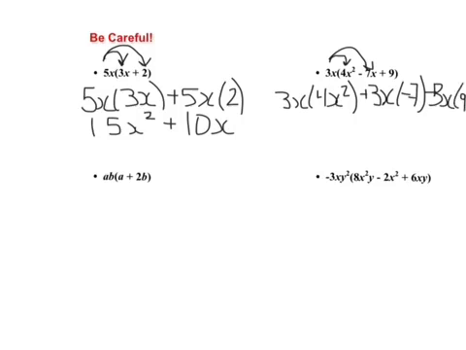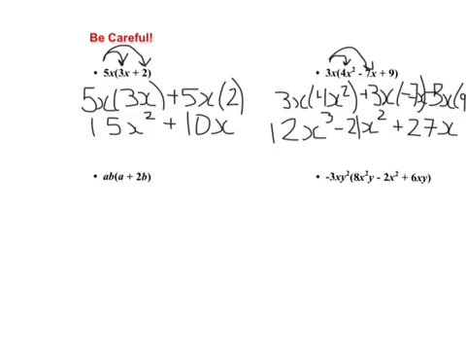Alright, so 3x times 4x squared, multiply the coefficients is 12, and add the exponents, so it's going to be x to the power of 3. Positive 3x times negative 7, and I forgot my x in there, you multiply your coefficients. 3 times negative 7 is negative 21x squared. And then lastly, 3x times 9, which is going to be plus 27x.